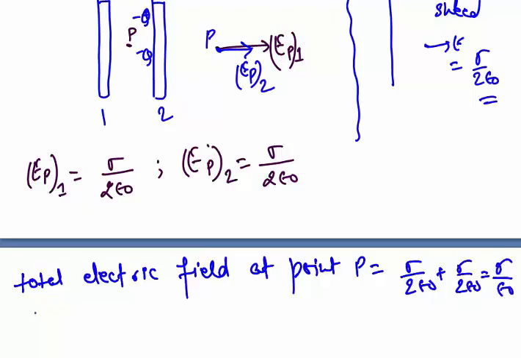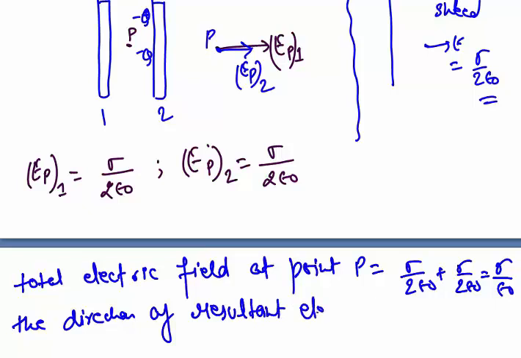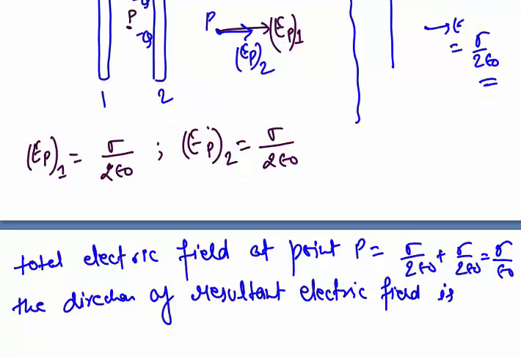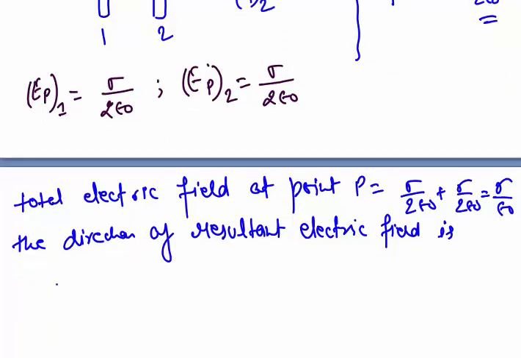And the direction of the resultant electric field is from positive plate to negative plate.